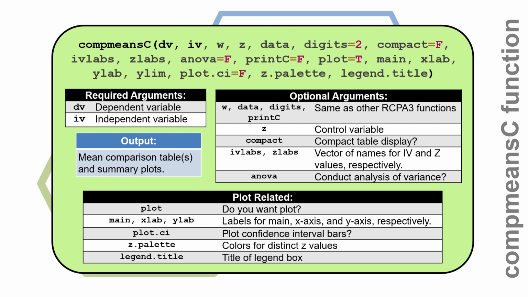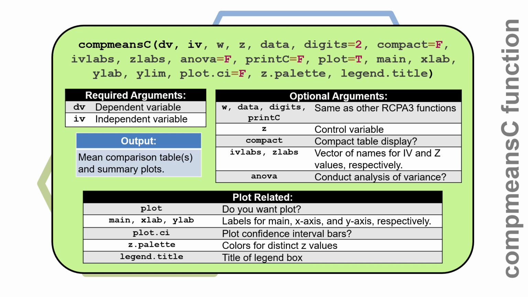The compmeansC function has two required arguments. dv is set equal to the dependent variable, and iv is set equal to the independent variable. The compmeansC function supports a standard set of optional arguments. You have options to specify observation weights, the dataset name, the number of digits you want to see after decimal points, and whether you want to print the mean comparison table to an HTML file in your working directory.